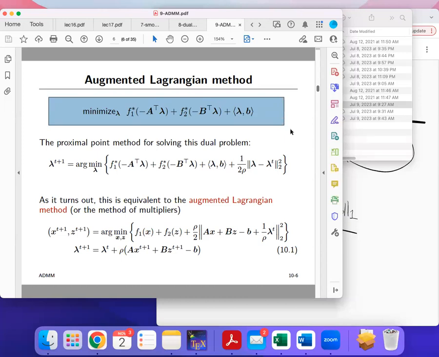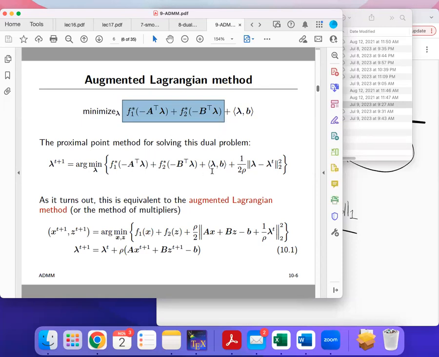Because the dual problem has this conjugate function, which may not be differentiable, if you view the entire thing as a function of lambda, we can apply the proximal point method. And this is the proximal point update. Basically, in every iteration, we solve such a subproblem.